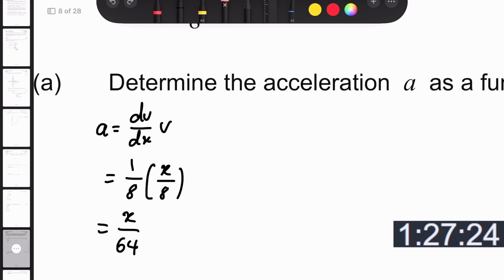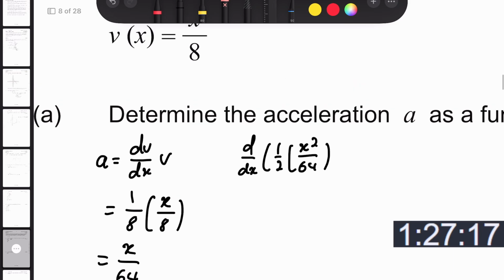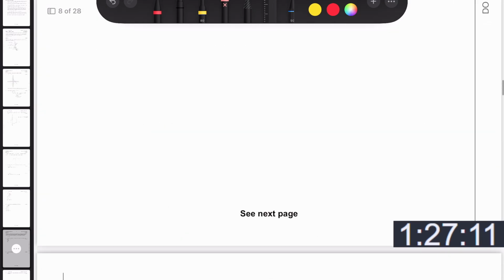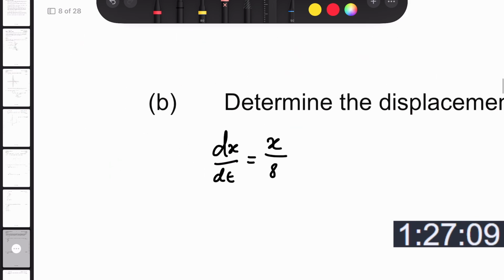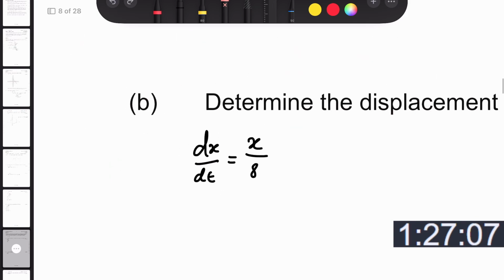If I did d dx of half of v squared, it should be x squared on 64. Multiply by x on 64. Yeah, okay, it's the same. Anyway, back to this. So, yep, velocity is the derivative of displacement.